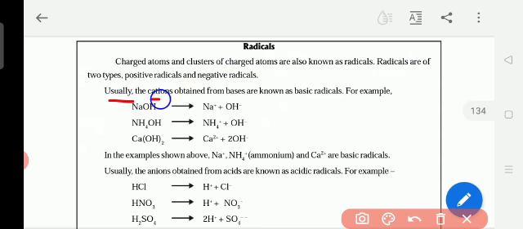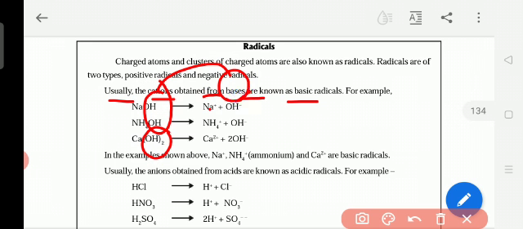Usually the cations obtained from bases are known as basic radicals. The presence of OH tells us it is hydroxide, that means it is a base.